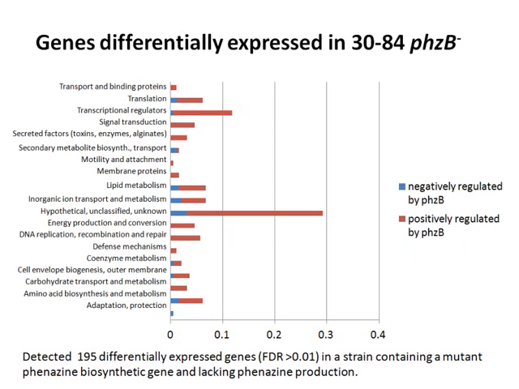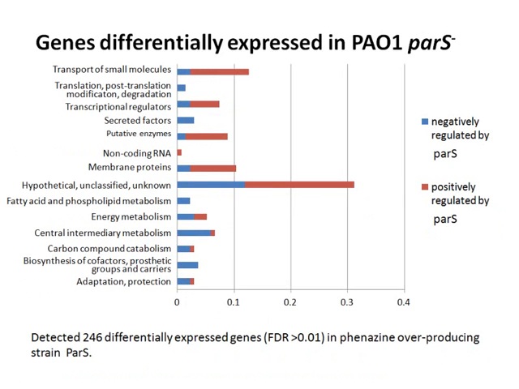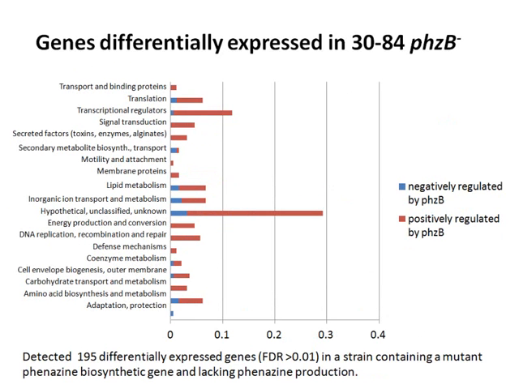Also in 3084, where we had the FESB knockout, not producing any phenazines, transcriptional regulators were again the second largest class. This suggests that maybe phenazines are involved in regulating transcription or act as a signaling molecule. In this strain we found 195 differentially expressed genes.